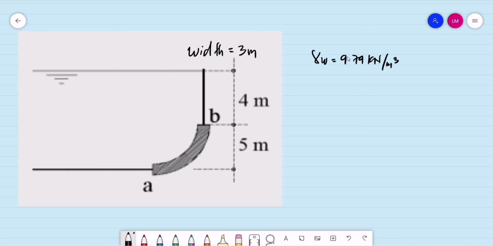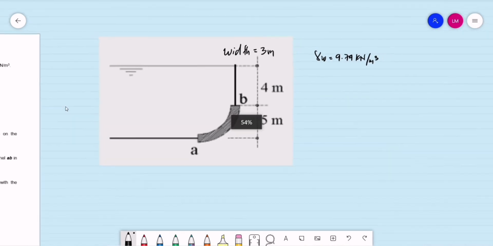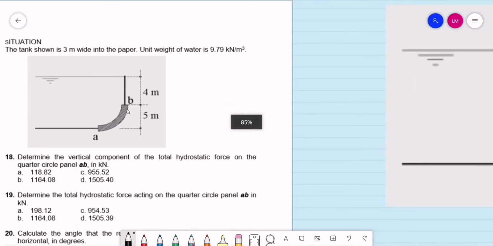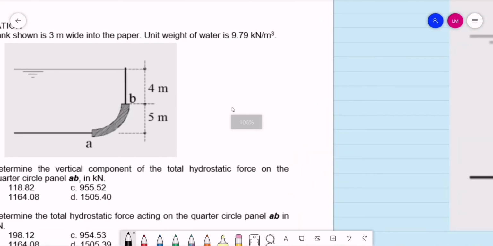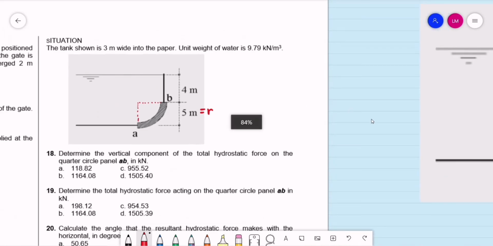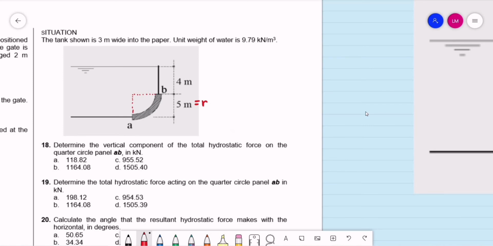Ito muna yung gagamitin natin na gamma. So ito yung quarter circle gate AB, and the radius of this quarter circle AB is equal to 5 meters.